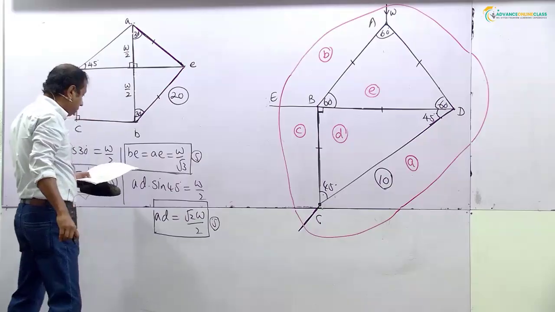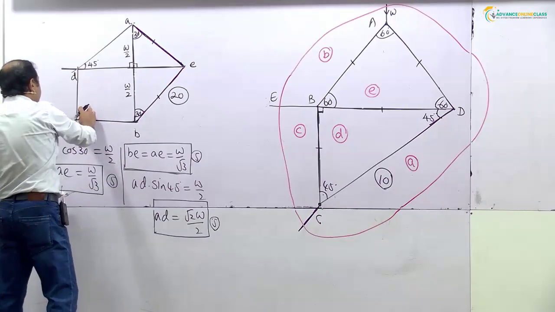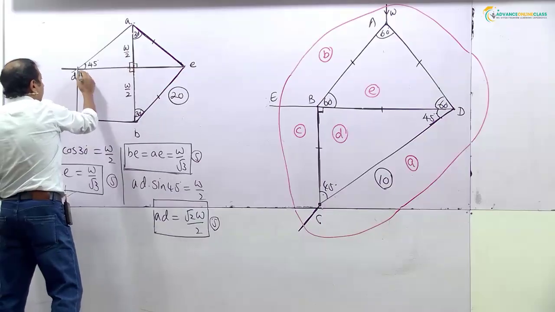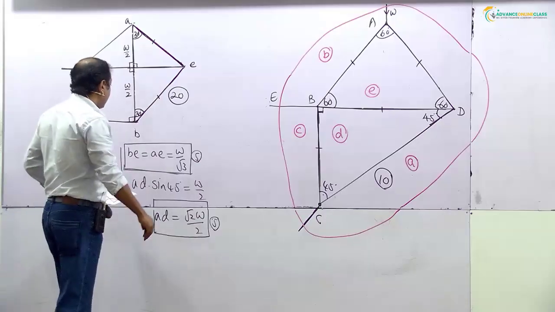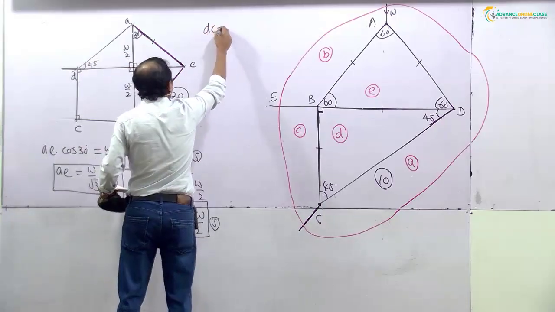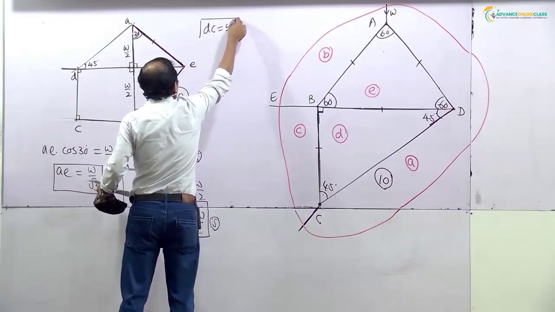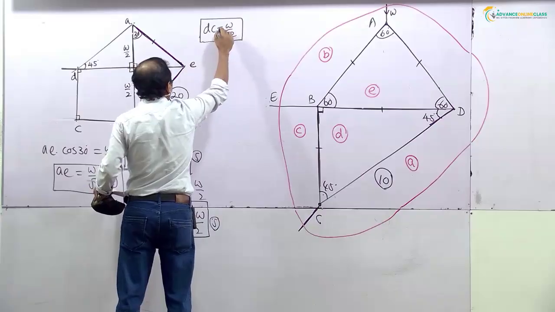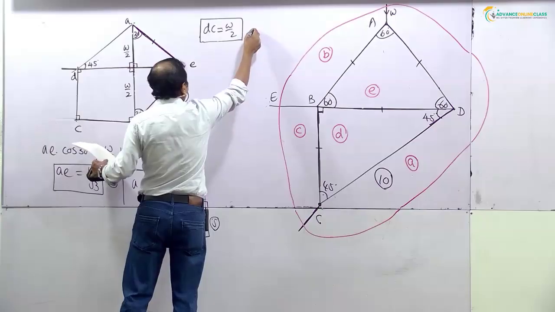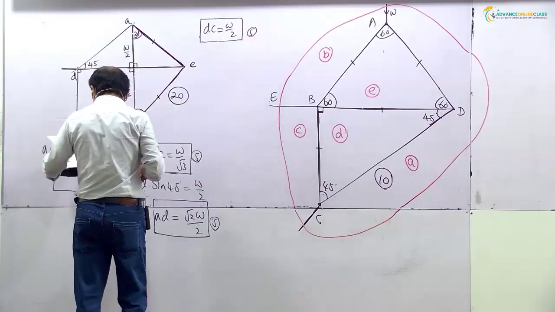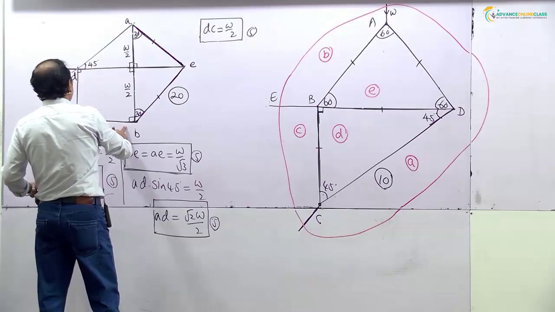Right. DC. DC means, people, this is really a rectangle. Then DC is equal to W by 2. These two are equal. For that also 5 marks. Next one, CB. CB means what?